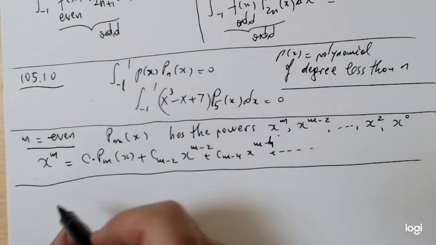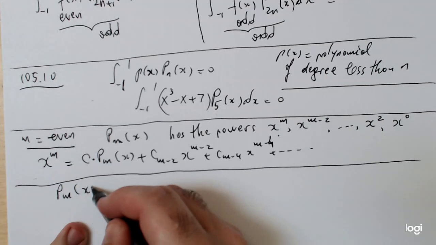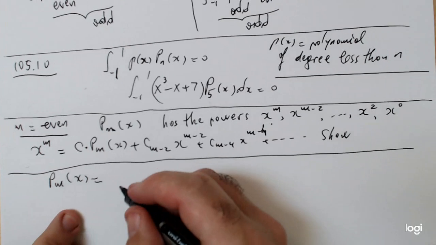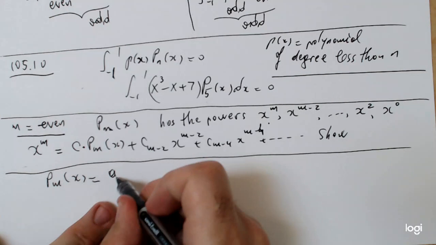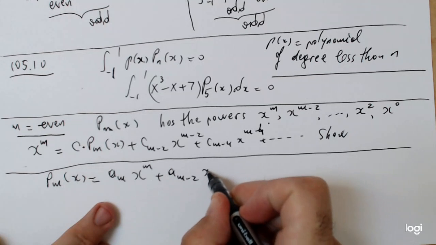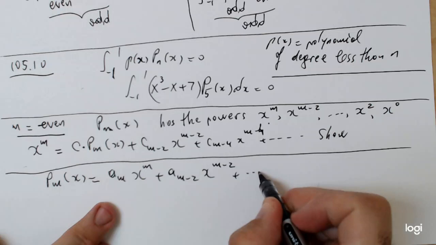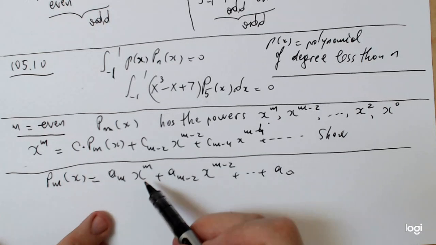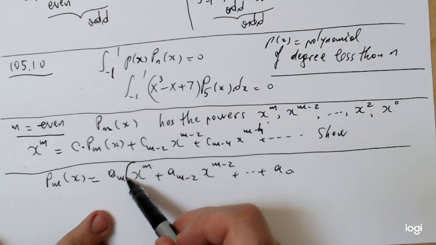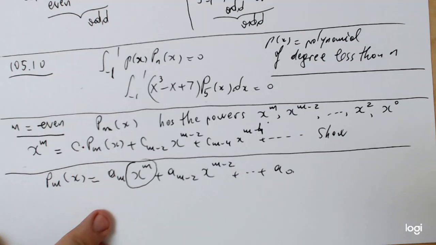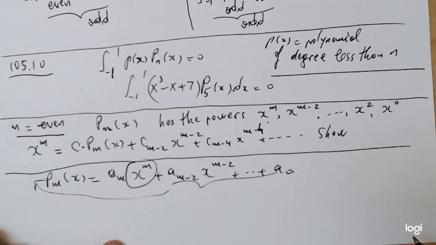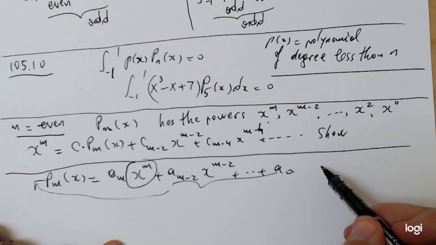So this is what you have to show in part A. If you have the Legendre polynomial Pm as am x to the m plus am minus 2 x to the m minus 2 up to a naught, the relation that they talk about in the problem is obtained by simply getting x to the m by itself. So you want to move all these terms to the left and then divide by am.